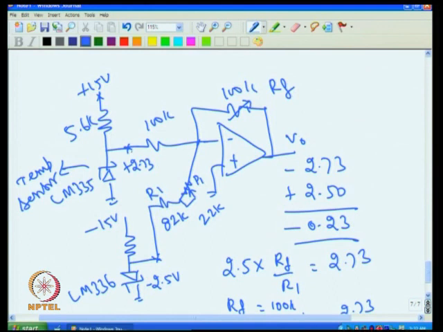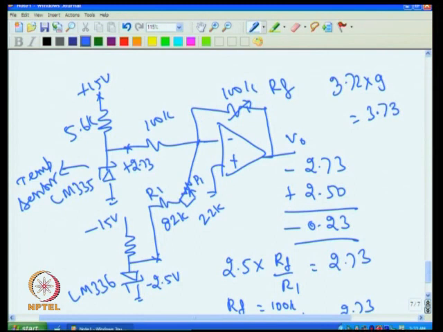Because if it's not 3.73, only 3.72, all that I need to do is go more than 100k, because if both are 100k, gain is 1. If it goes a little more than 100k, then the gain will be a little more than 1, then 2.73 will be amplified by a little more than 1. So if it goes only to 3.72, then I need 3.72 into the gain, whatever I have, to give me 3.73.